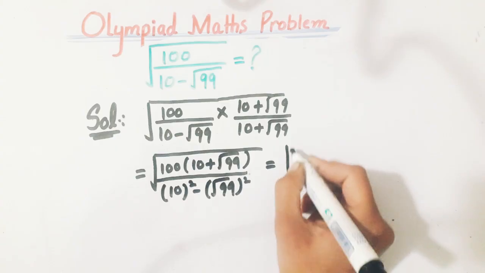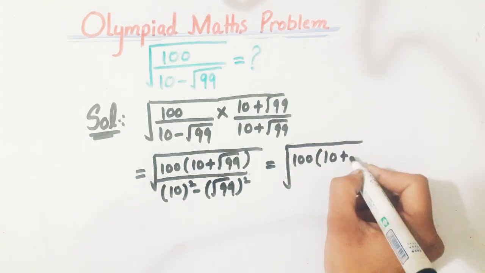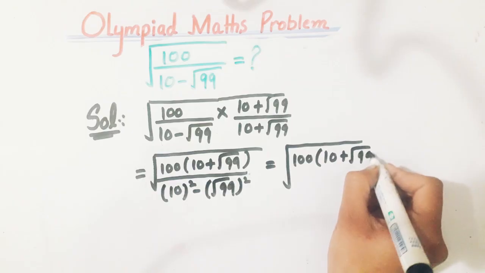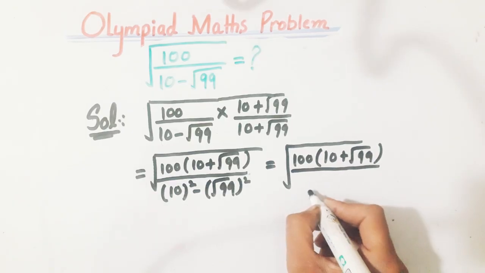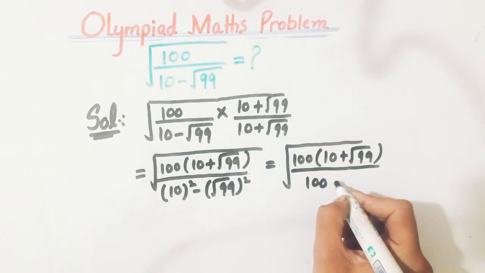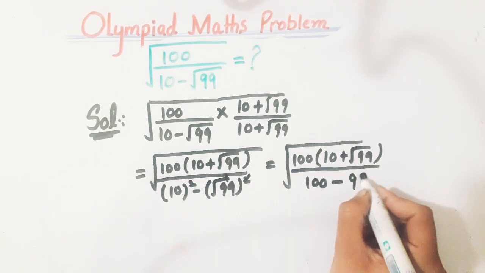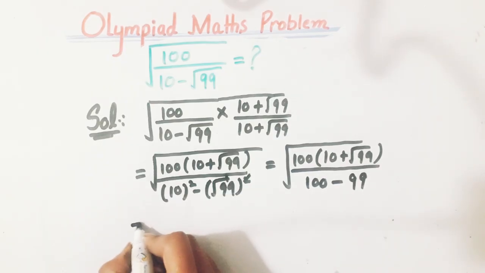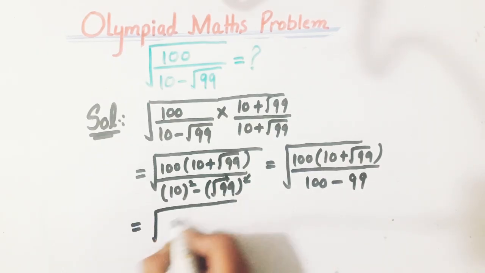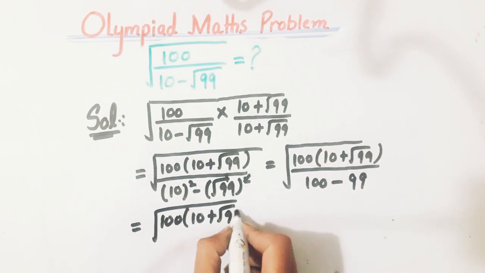That equals 100 into 10 plus root 99 divided by 10 square, that is 100, minus 99, since this square is cancelled out by this square root. So 100 minus 99 will be 1. So we have 100 into 10 plus root 99.